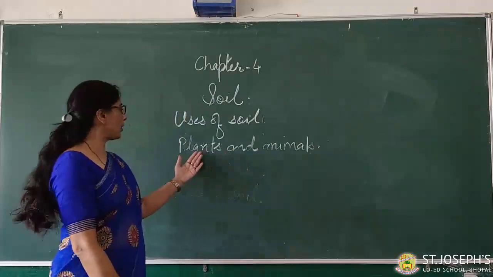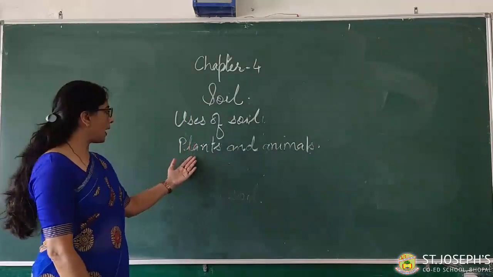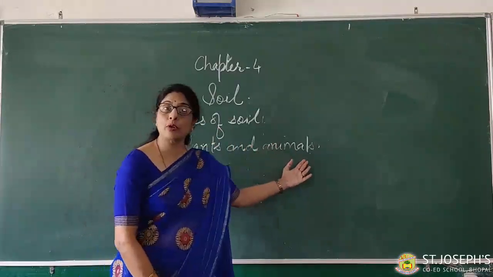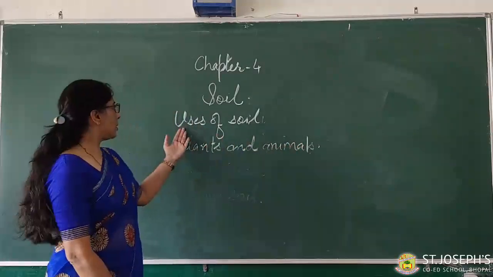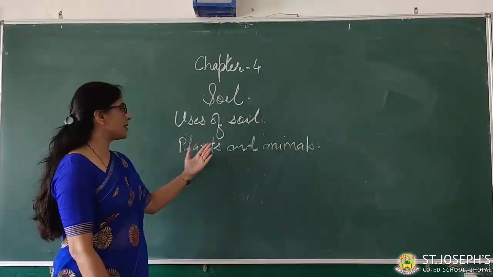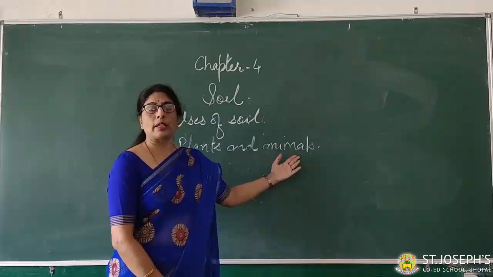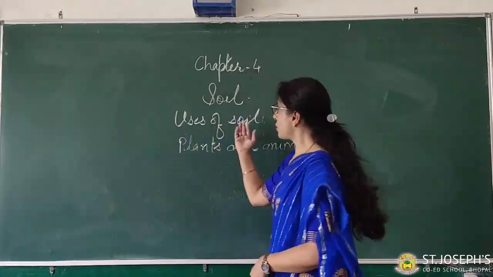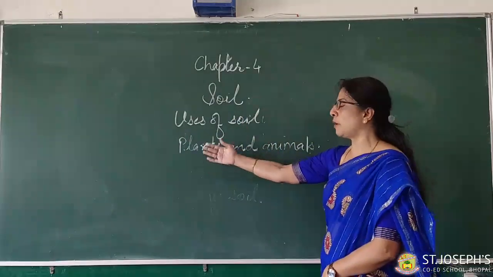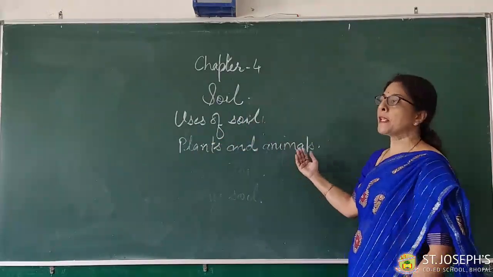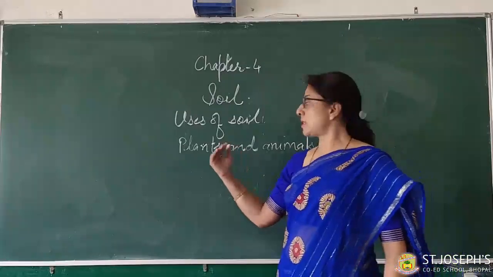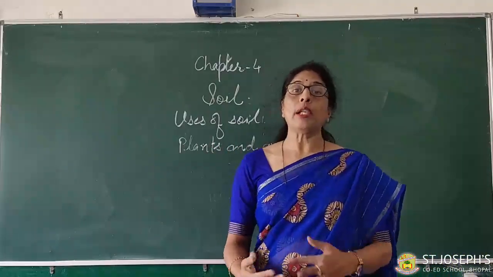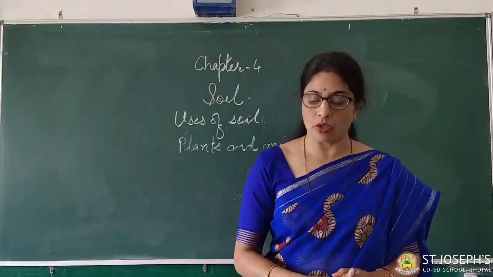So if soil is not there, plants cannot be grown. If plants cannot be grown, animals also cannot survive. It means soil is very useful for plants and animals both. That means life exists on earth because of the soil. As soil is there, plants are there, and animals can survive. It means it is very important for all living beings.